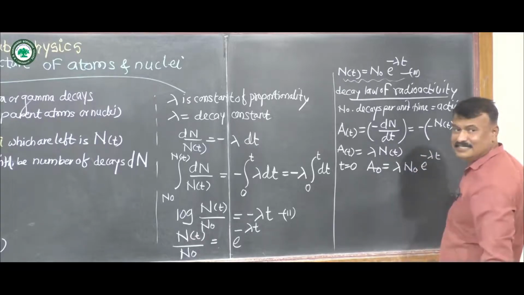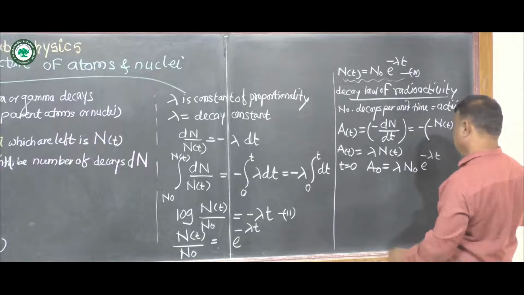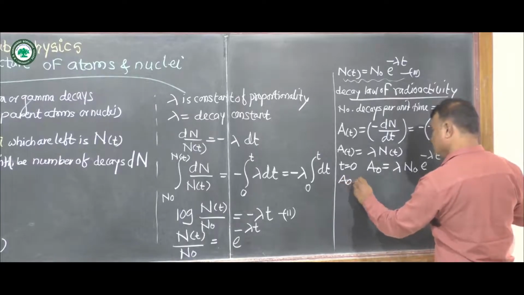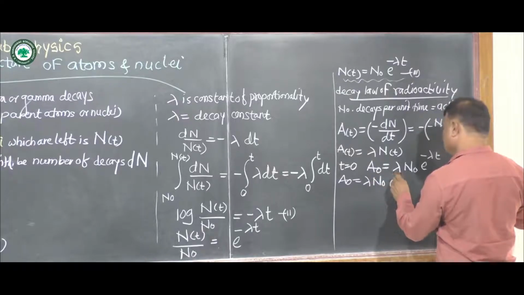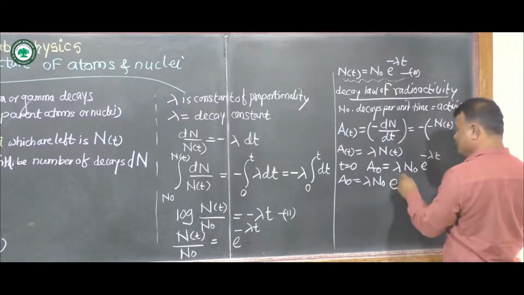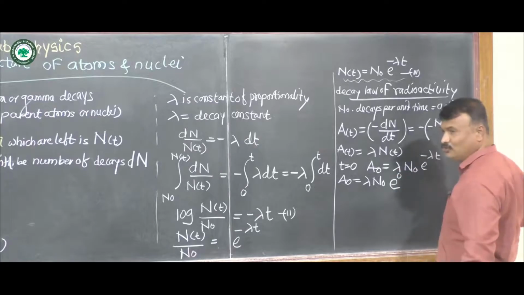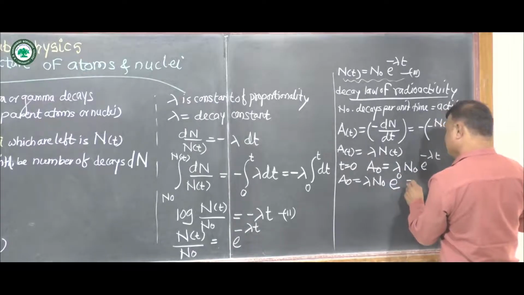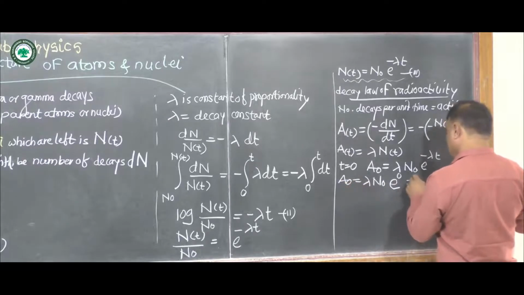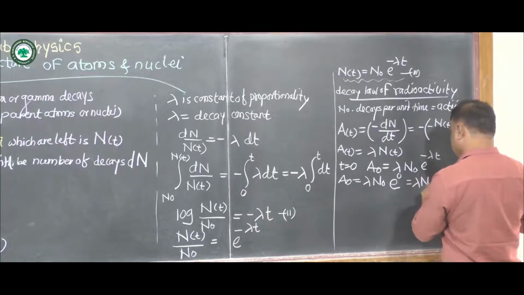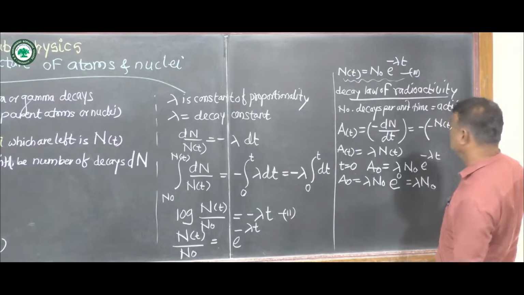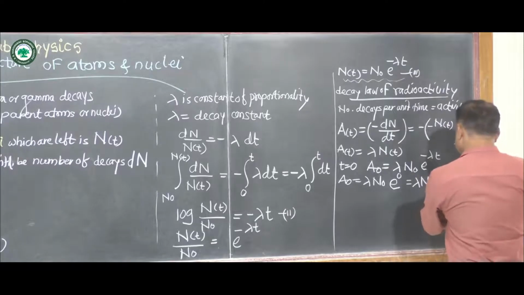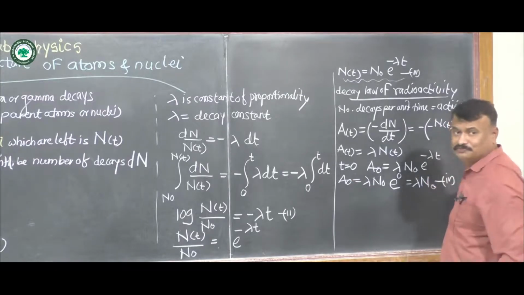But in that case t is equal to 0, and therefore we get A0 is equal to lambda into N0 into e raised to 0, since minus lambda into 0 becomes 0. But we know that e raised to 0 is equal to 1, so we get finally A0 is equal to lambda into N0. So this is equation 4. Equation 4 gives us the value of A0.